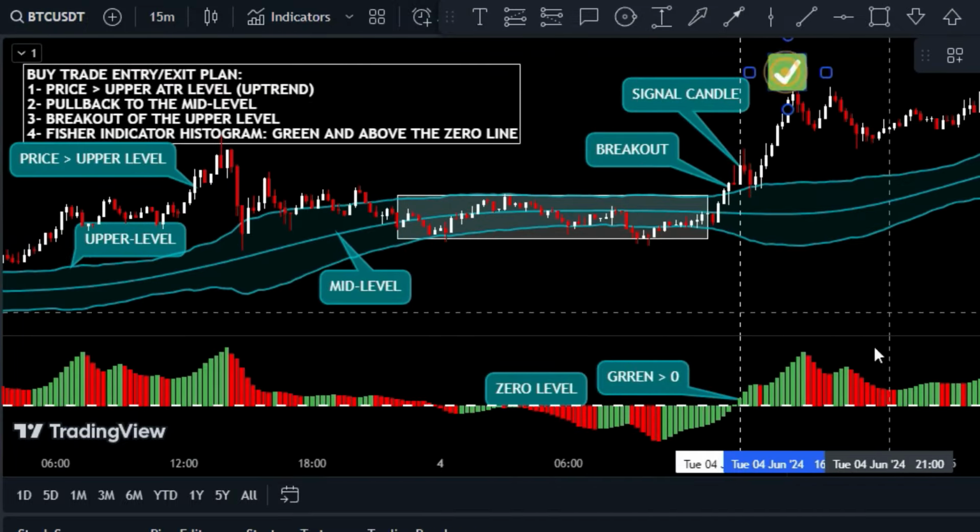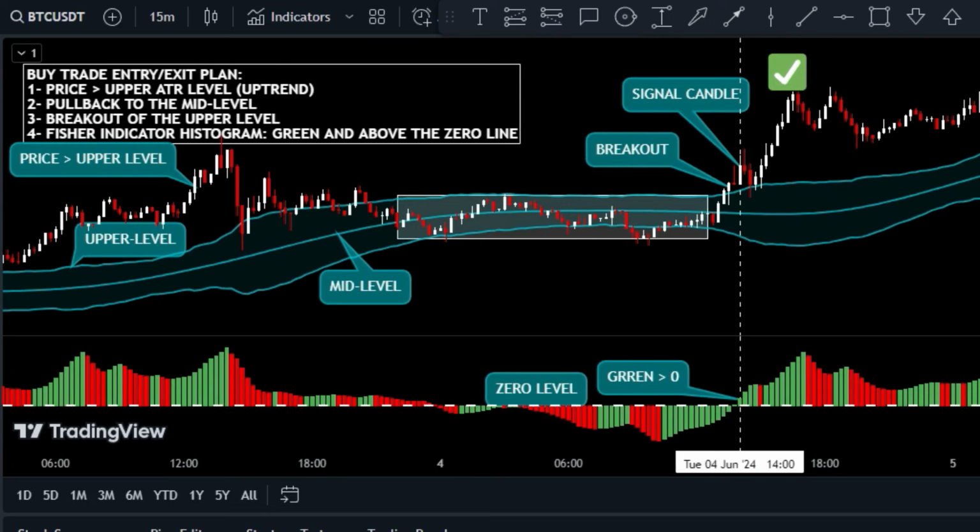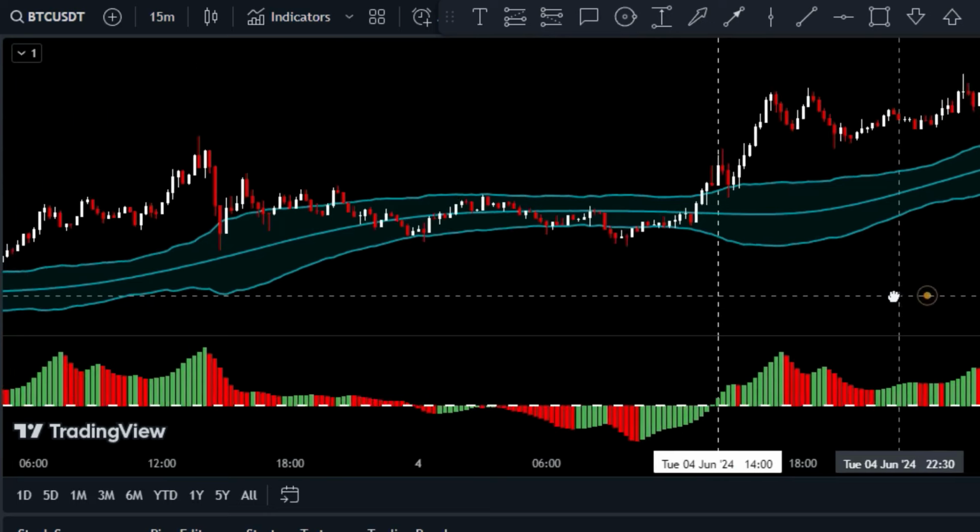So, if all these conditions line up, it's time to open the buy position and let the profits roll in.